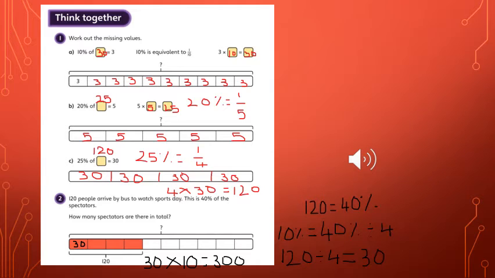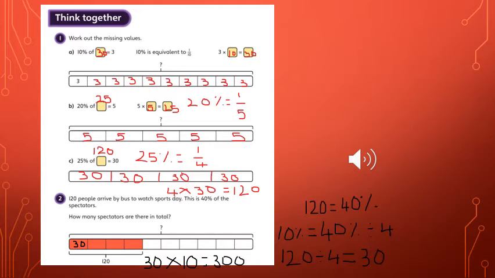For part C, it's asking us to find 25% of a number, and I know when we're finding 25% of a number we're dividing by 4, so I've split my bar model into 4 pieces. I know that 25% of my number is 30, so each one of these pieces represents 30. I can find out my whole by timesing 30 by 4, which gives me 120. So I know that 25% of 120 equals 30.